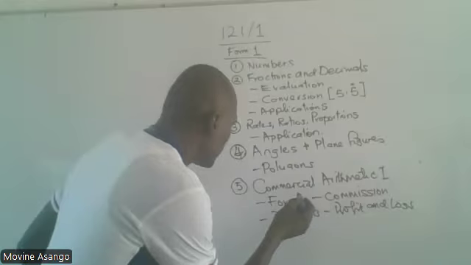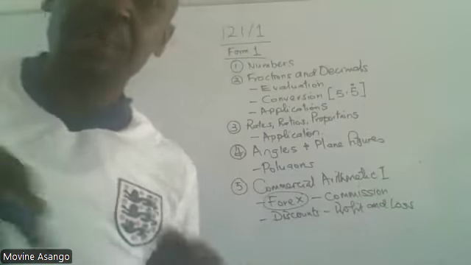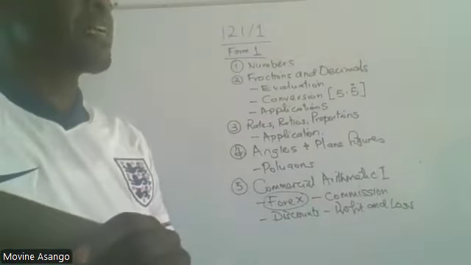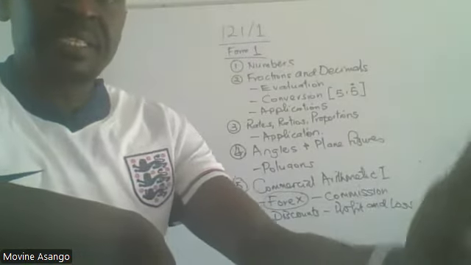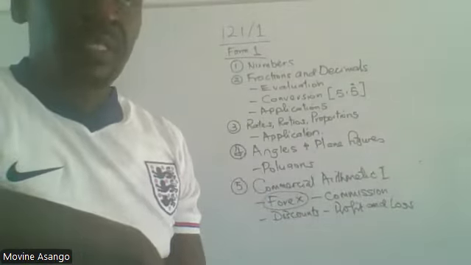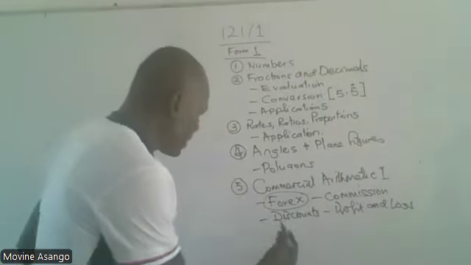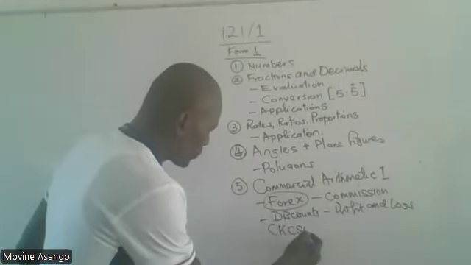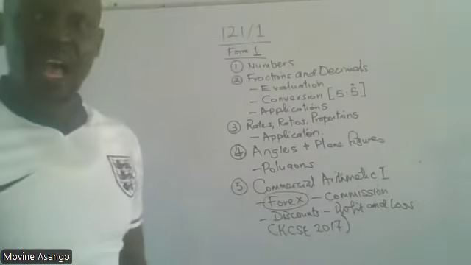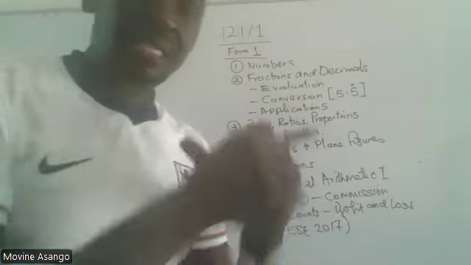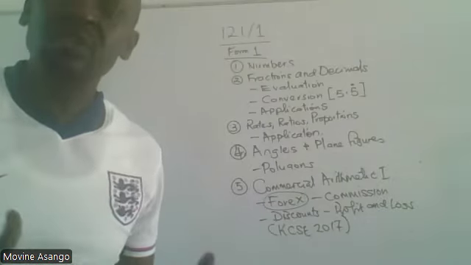And whenever you are talking of foreign exchange, pay attention to the accuracy part of the question. For example, you are asked, give your answer to the nearest Kenya shilling, or to the nearest rand. For example, KCSE 2017. You are supposed to round off just in the normal way.